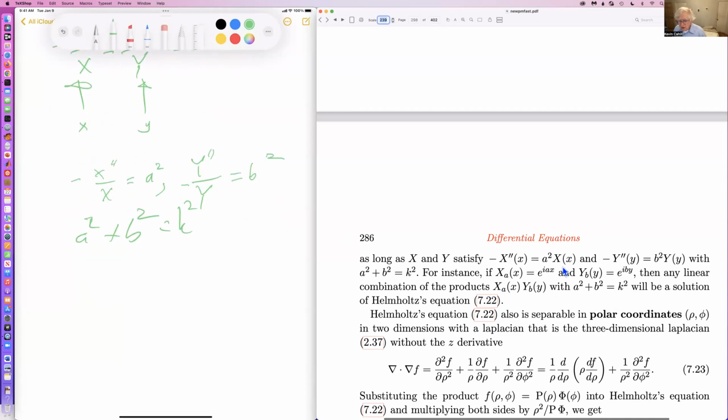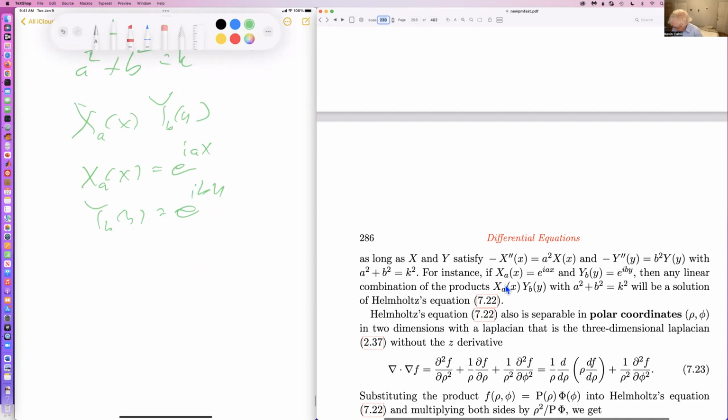And so what you get then is x_a of x times y_b of y are both solutions of this differential equation. For example, one can have x_a of x equal to e to the iax, y_b of y equals e to the iby.